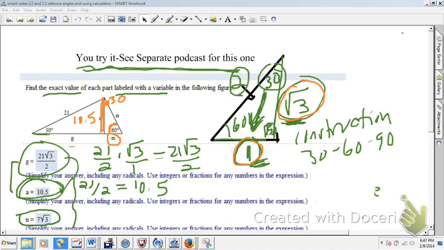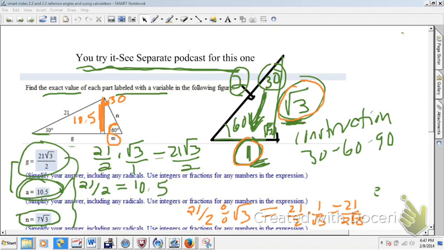So again, you have the adjacent side to the 30-degree angle, 10.5, and if you divide that by root 3, well, 21 halves divided by root 3 means the same thing as 21 halves times 1 over root 3, which is 21 over 2 root 3.